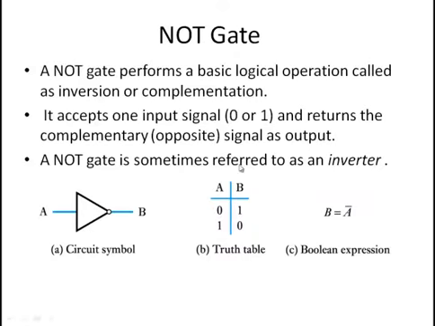You can see from this truth table that whatever the input is, the output is the opposite of the input. So the NOT gate is referred to as an inverter. This is the symbol of the NOT gate, and this is its expression: the output is equivalent to the input with a bar, that is A complement, the input complement.